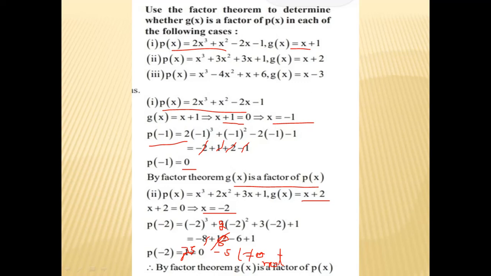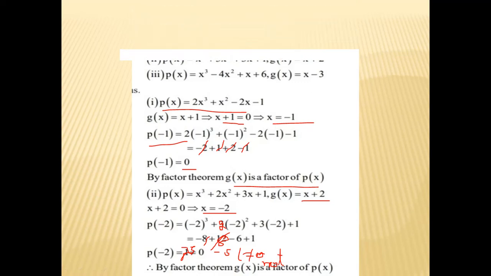Therefore, by factor theorem, the remainder is not equal to 0, so g of x is not a factor of p of x. In this case, the value of p of x is minus 5. Therefore, it is not equal to 0. g of x is not a factor of p of x.